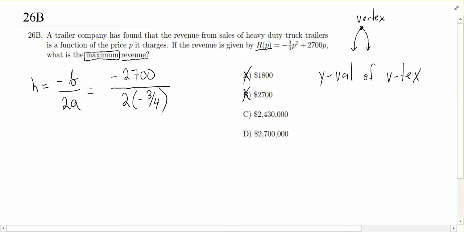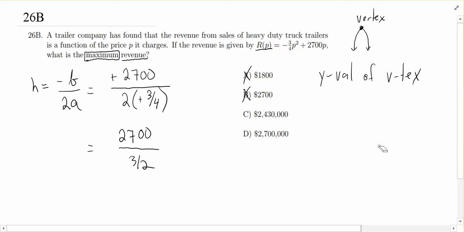Now we could put this in the calculator as is and get an answer, but we got fractions within fractions and all sorts of stuff going on that honestly you're probably better off simplifying this by hand a little bit. To realize that a negative over a negative is a positive, and to say 2,700 over, let's look what's going on in the bottom. 2 times 3/4, that's just 3/2.